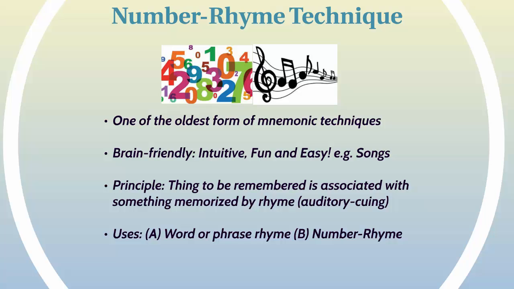The principle is that for the thing that you want to remember, you associate it with something that you already have in your head and something that rhymes with the word that you want to remember. So what do I mean by that? Let's say you hear the word audacious for the first time.